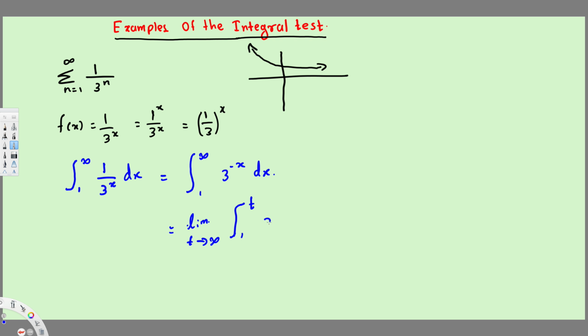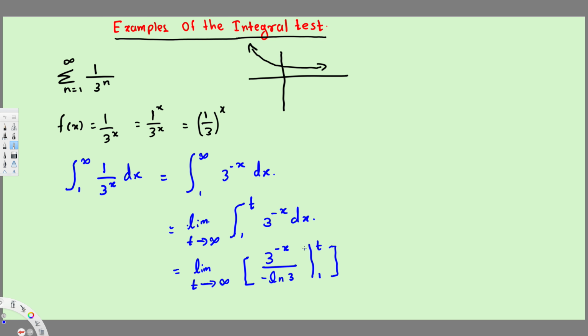Then I write this one again like 3 power minus x dx. Now we can do the integration by using the u substitution. If you do the u substitution for this one, that's going to give you limit t approaches infinity, and in the top we are going to have 3 power minus x. In the bottom, it's going to be negative ln 3, right? 3 going from 1 to t.